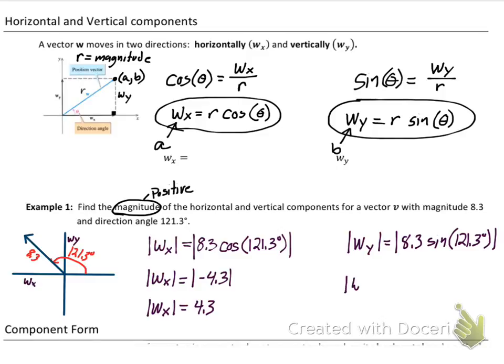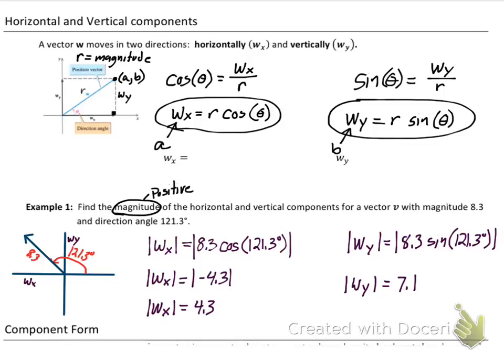My absolute value of my vertical is going to equal 7.1. So that means if I go up 7.1 units, I would run right into the tip of this. So if I found the point, we'd have to actually use a negative 4.3 and 7.1. That would actually be this point right here.